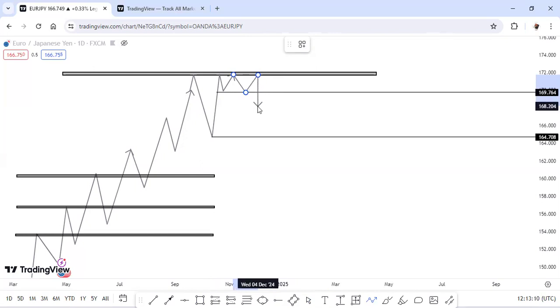But if I'm not totally convinced that the market has actually changed its direction, I will wait for this particular zone to be taken out. Once I see this zone is taken out, and that gives me a clear M pattern, once any candlestick closes below here, that is when I will consider that the market has actually changed its structure.